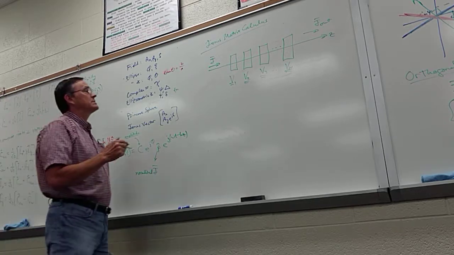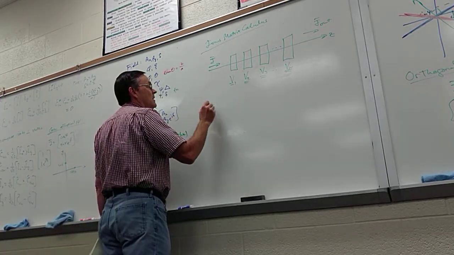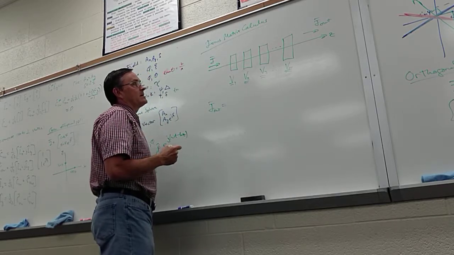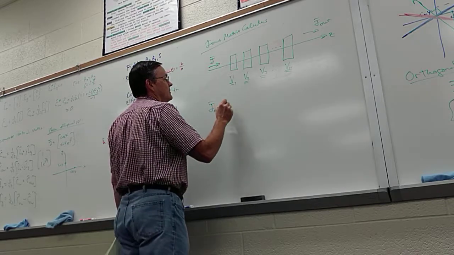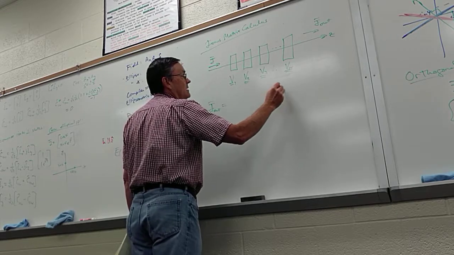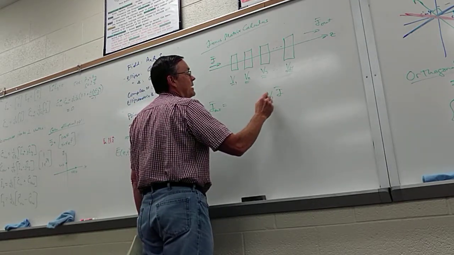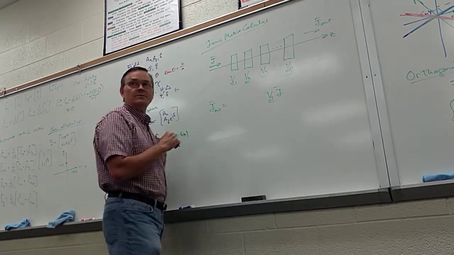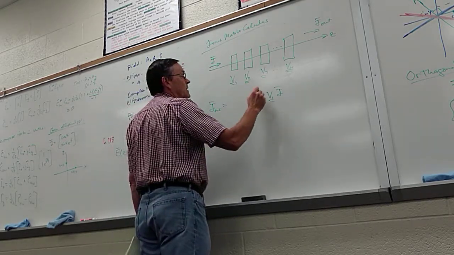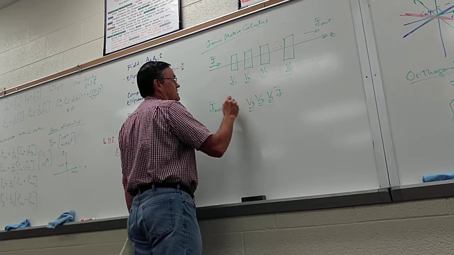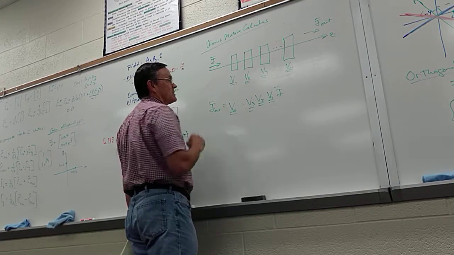Then the Jones matrix calculus says I can calculate the output polarization state as the matrix product of the input Jones vector multiplied by the matrix of the first element, matrix of the second element, matrix of the third element, etc., until we end up with the matrix of the nth element.